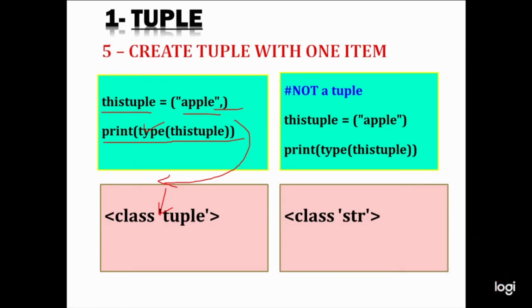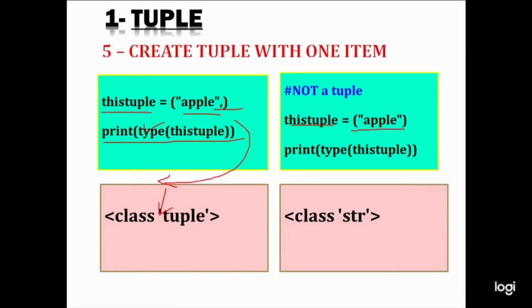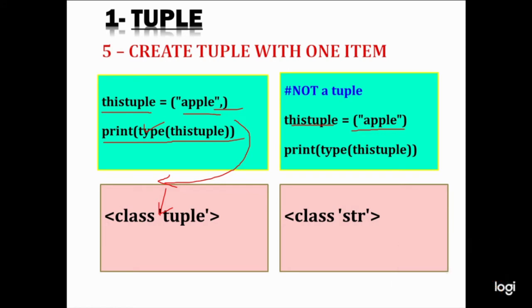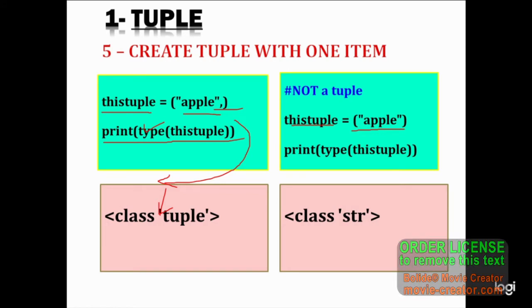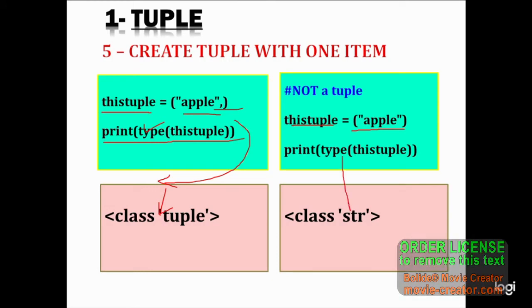In the second example, this is the name of the tuple and the item is given here, but there is no comma. In this condition, this will print the type as string.